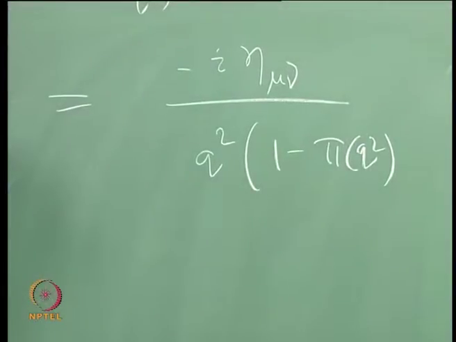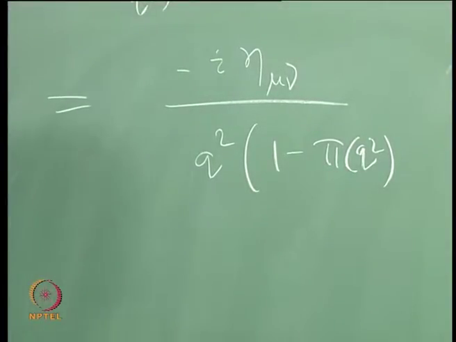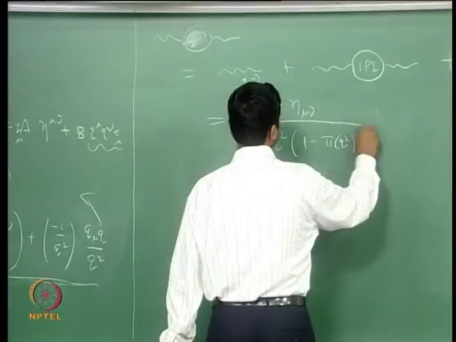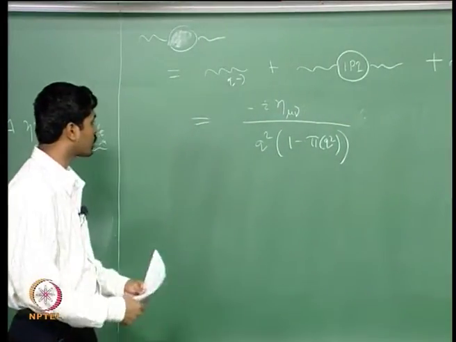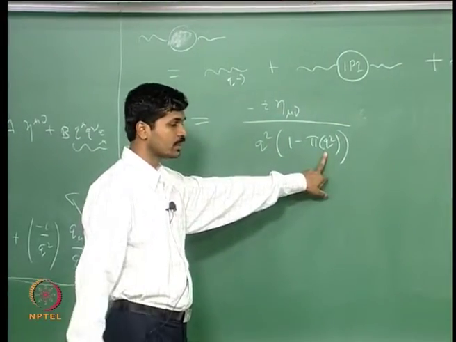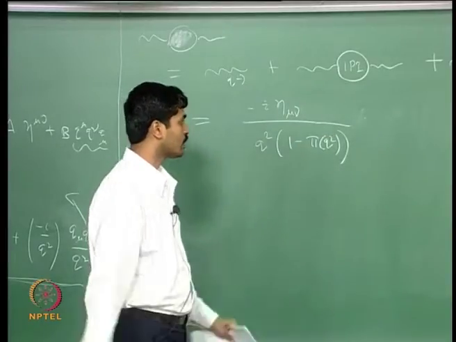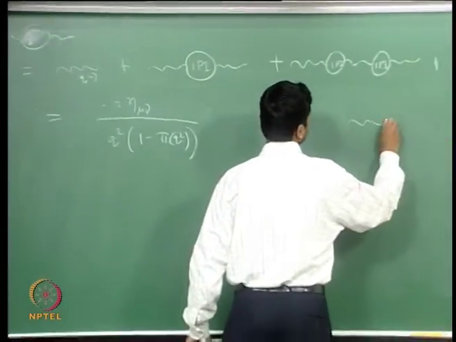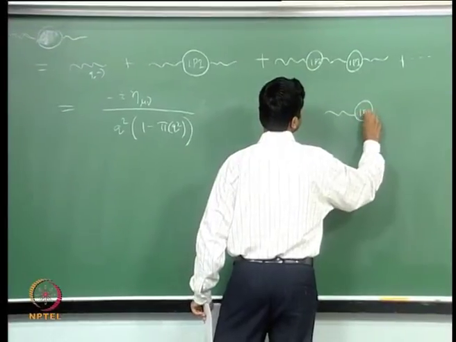Now, what we will do is see what this propagator can do for us. First of all, this pi of q square, if you remember, is given by these one particle irreducible diagrams.